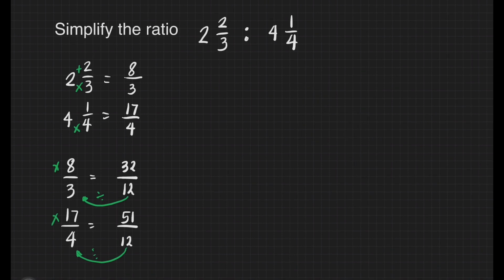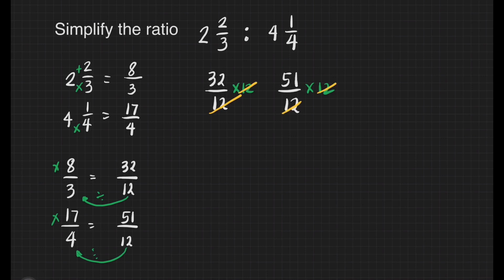Let me rewrite these fractions here at the top. That's 32 over 12 and 51 over 12. Since they now have the same denominators, we may multiply both by 12 to eliminate the denominator. So let's multiply each of these fractions by 12. That's times 12, that's times 12, because we can do cancellation here.